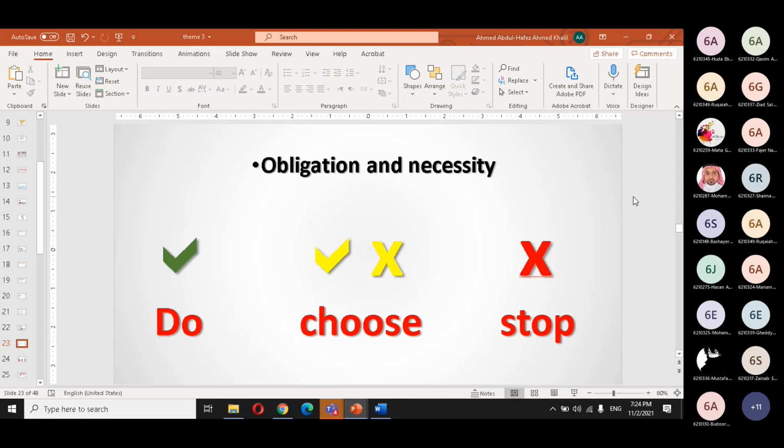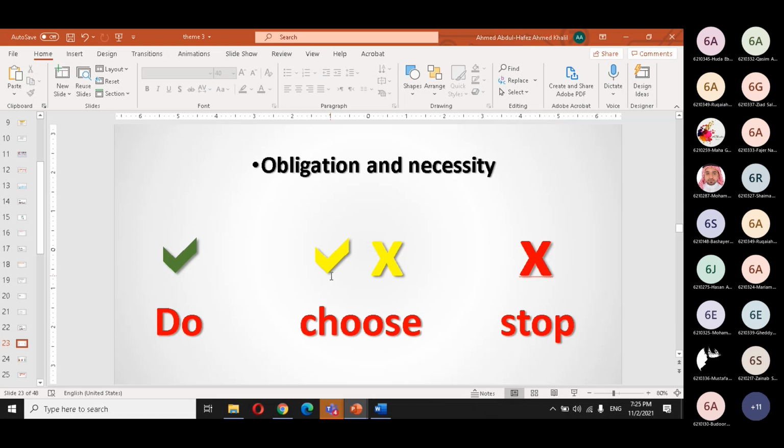We have three things. Okay? Sometimes it is necessary to do something. And sometimes it is necessary not to do something. And sometimes it is not necessary.